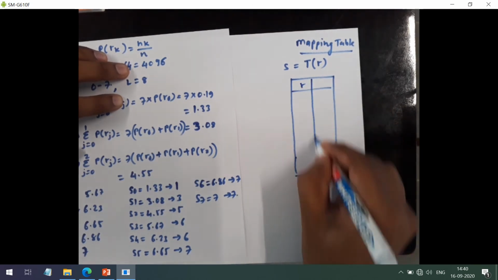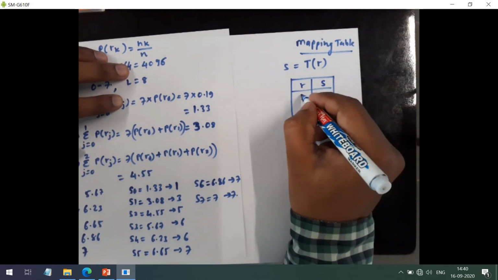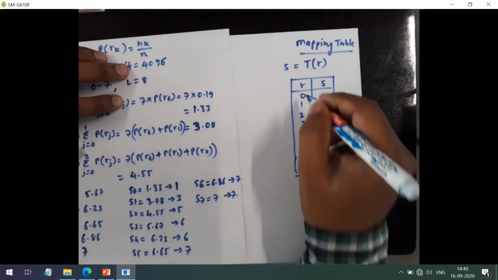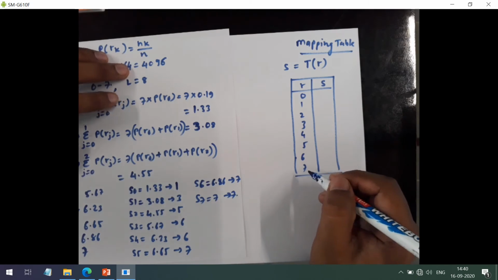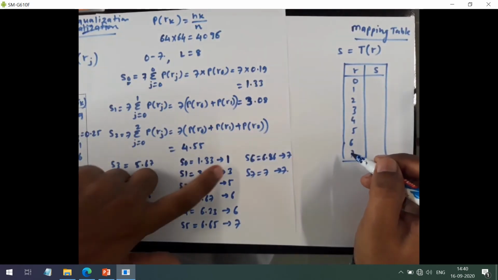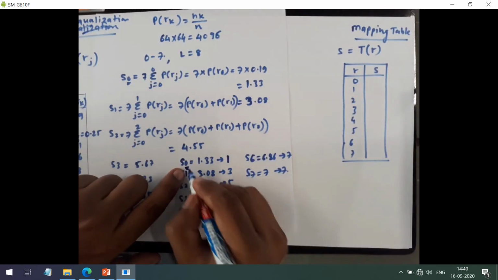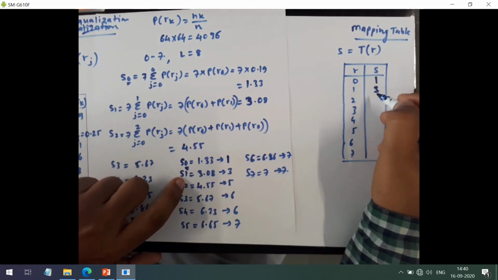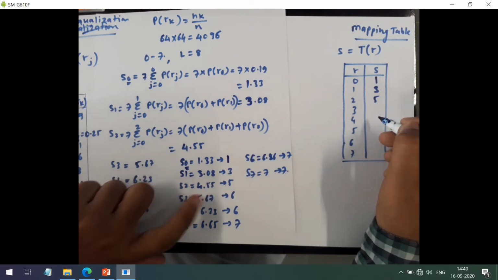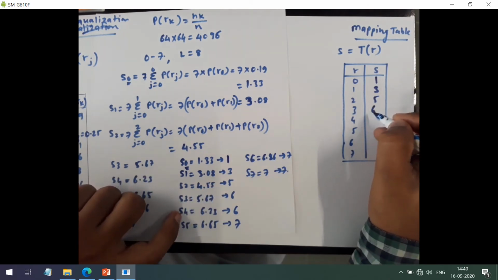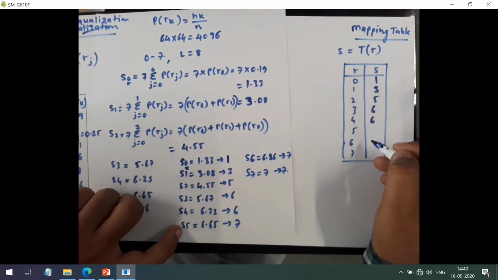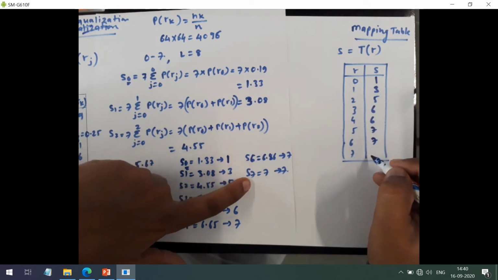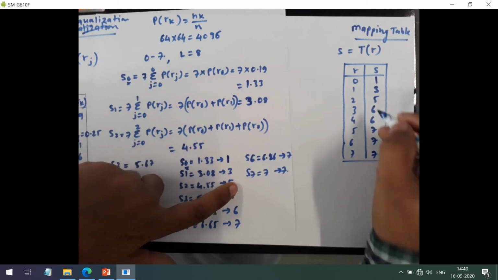Here I will write R values, S values, 0, 1, 2, 3, 4, 5, 6, 7. These are the input intensity levels. Now 0 is mapped to what? 1. Okay, so 0 is mapped to 1, 1 is mapped to 3, 2 is mapped to 5, 3 is mapped to 6, 4 is mapped to 6, 5 is mapped to 7, 6 is also mapped to 7, 7 is mapped to 7.